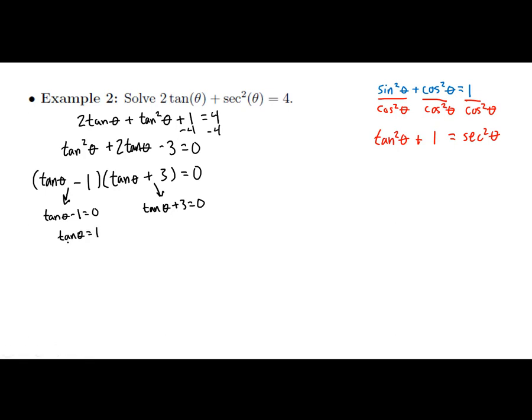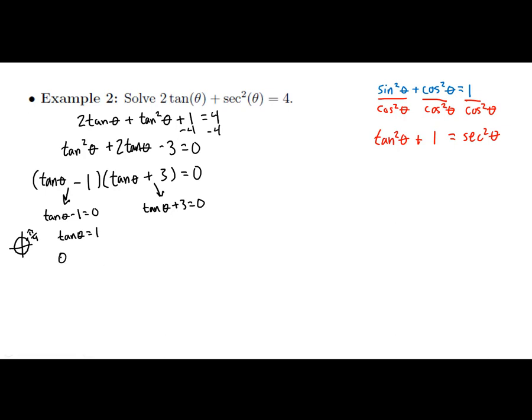All right, now let's think about this for a moment. Is this a special value? Is there a spot on the unit circle where the tangent equals 1? Well, sure there is. One of our special values, right? The tangent is going to equal 1 where sine and cosine are equivalent. So sketching a quick unit circle here, sine and cosine are exactly the same right here at pi/4. So I can give an exact answer to this.